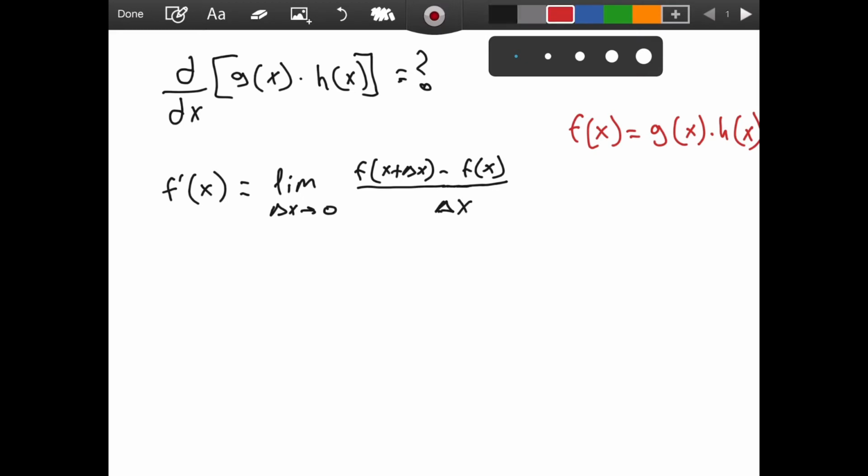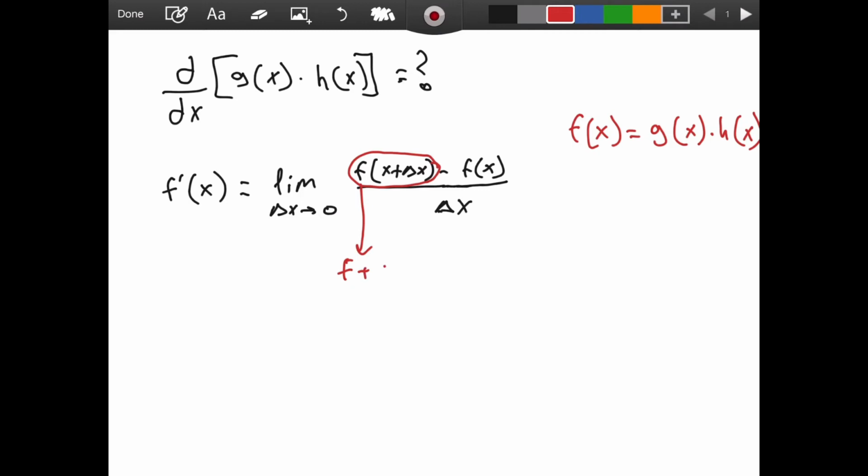If we analyze this part here, it simply means the value of the function f evaluated at x plus delta x. So this is the same thing as having an f and adding a delta f to it. You were at point x and then you moved some distance delta x, so now you have your old value of f plus the change in f that corresponds to the distance that you traveled.